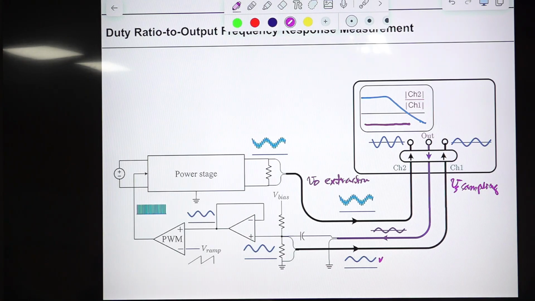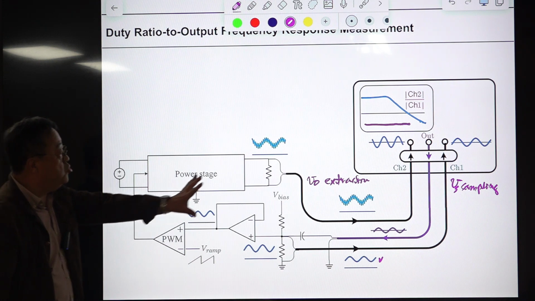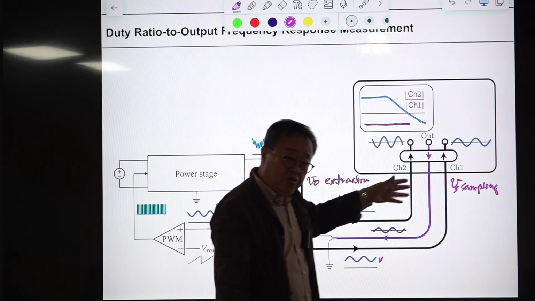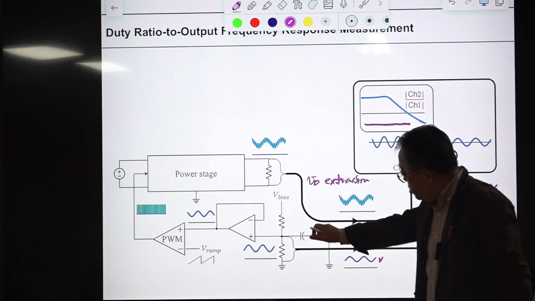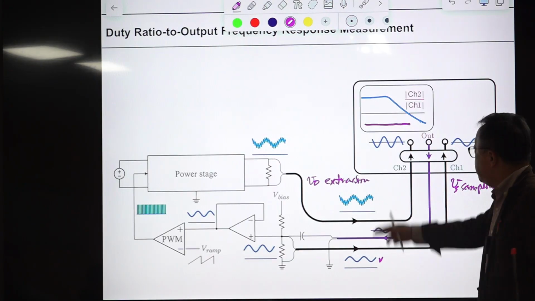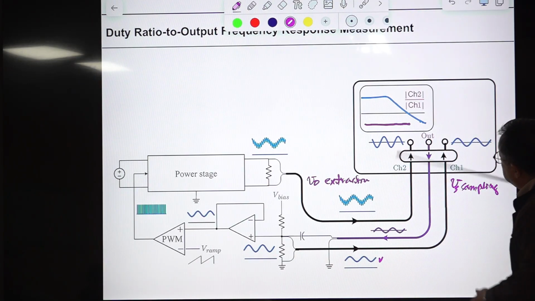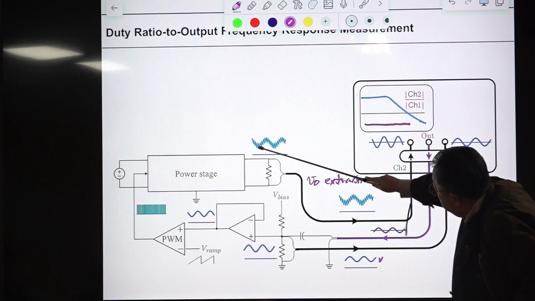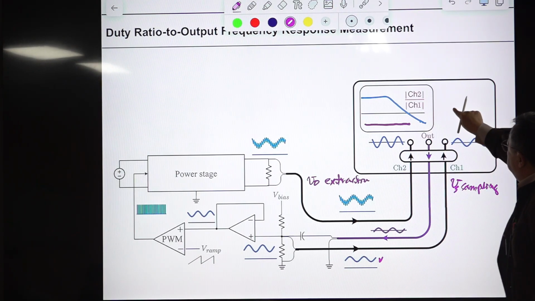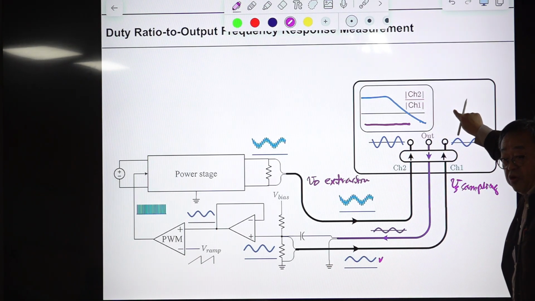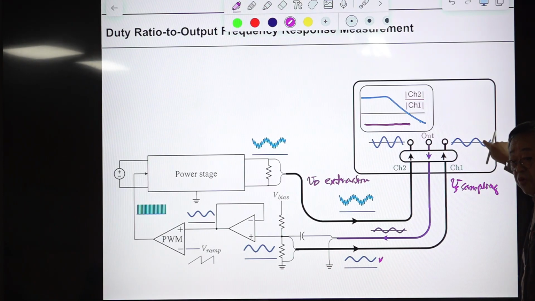This is automatic. What I mean is, previously, a long time ago, people used a sinusoidal generator and manually swept this frequency, got what frequency, just watched this waveform and saw this, and one dot here, one data point, another manual data point like that.